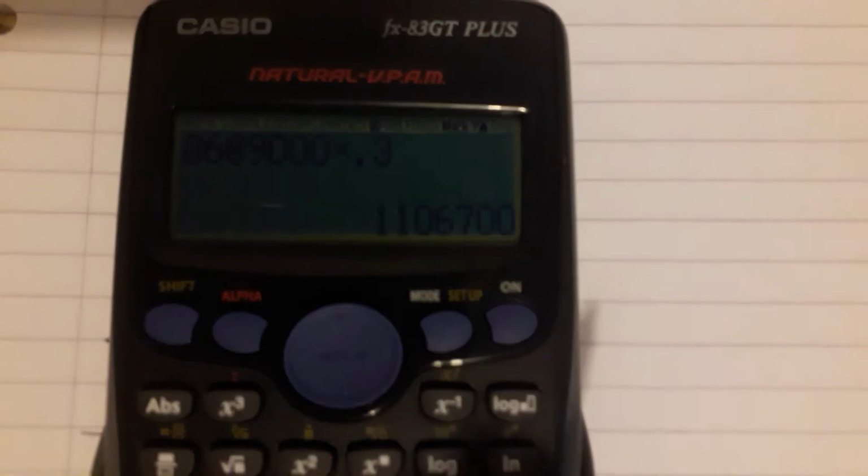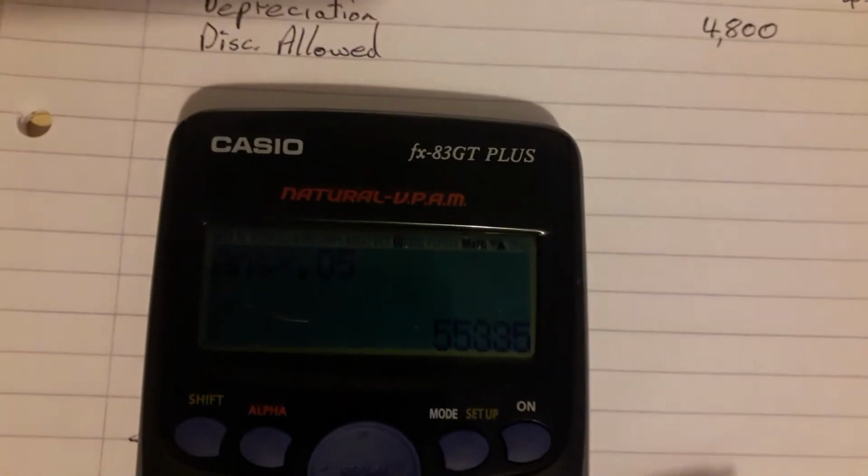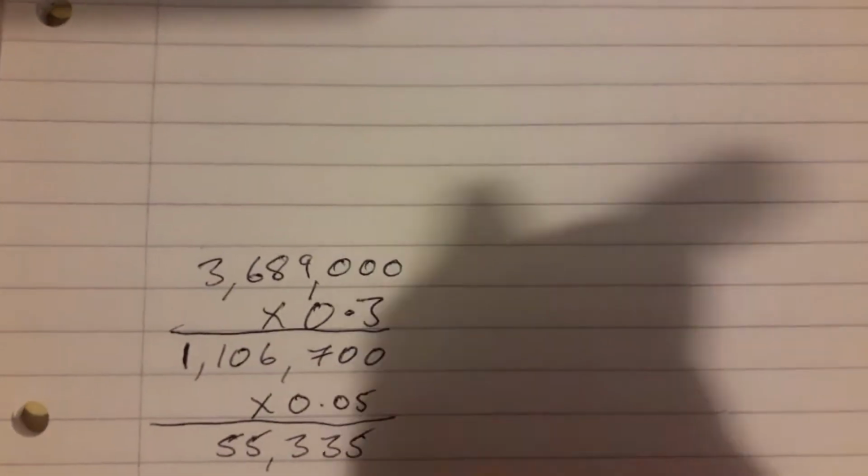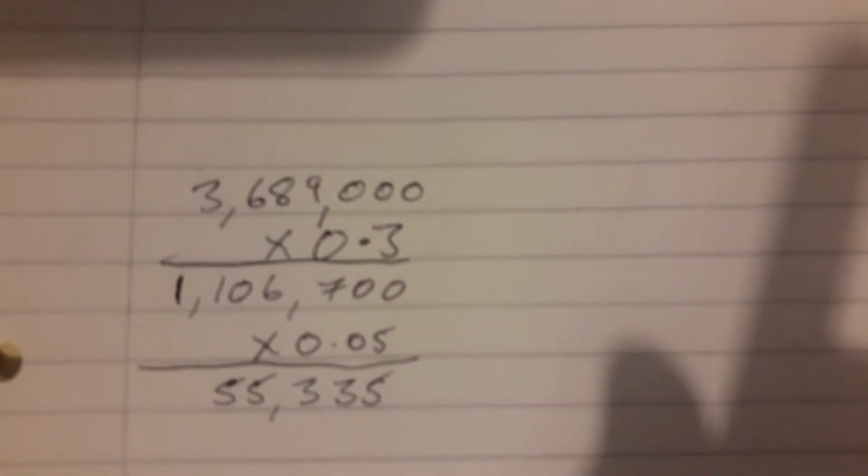So that's 30% of the total sales, all the cash sales, if you like. And then we gave a 5% discount on that. So if I multiply by 0.05 to get 5% of that, it gives me 55,335. So again, I'm showing the workings here for your benefit.